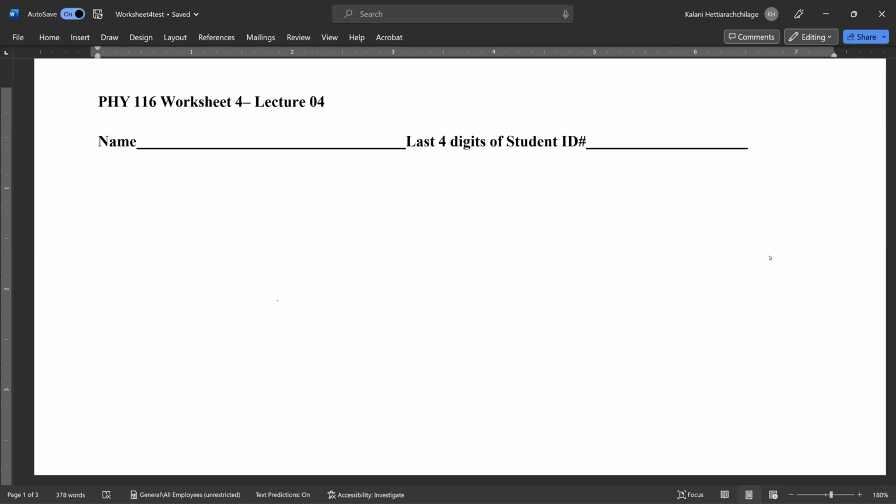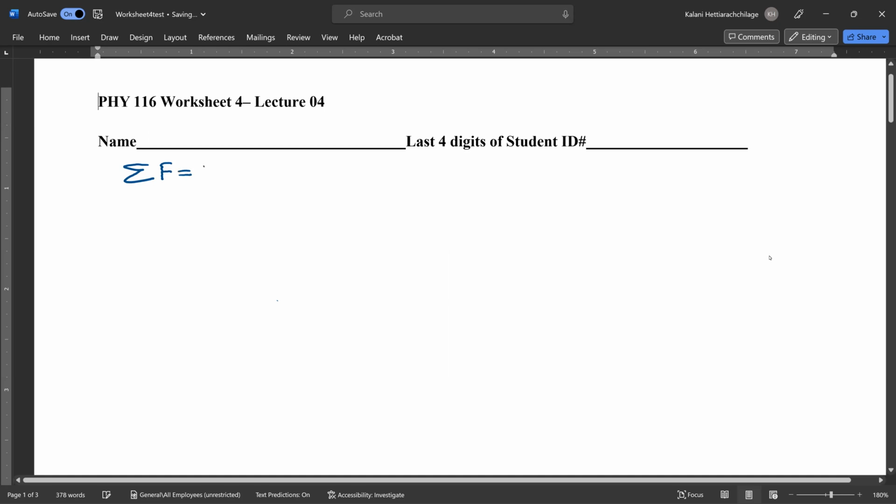Especially Newton's second law is the most useful when you solve problems in this course, in this whole semester, right? Everybody knows what Newton's second law is: the net force, this is a summation sign, equals mass times acceleration. It is very important that this equation be used with directional information.